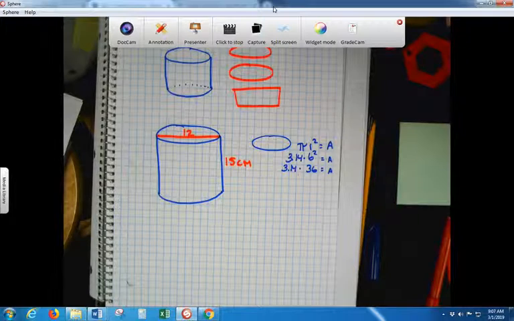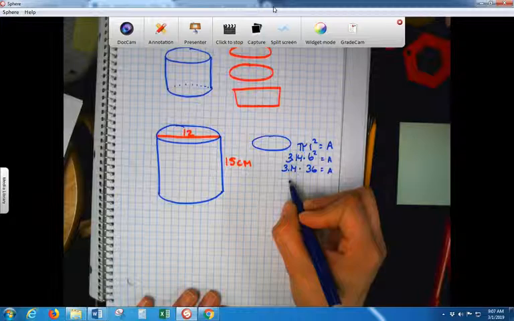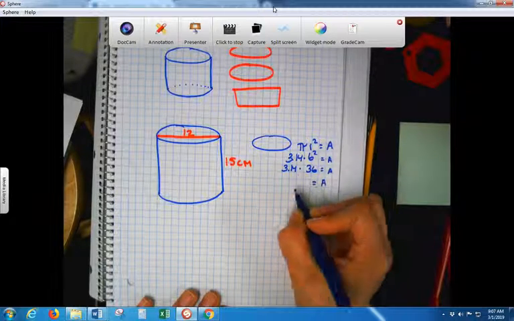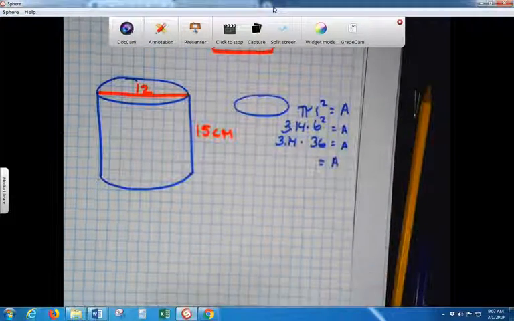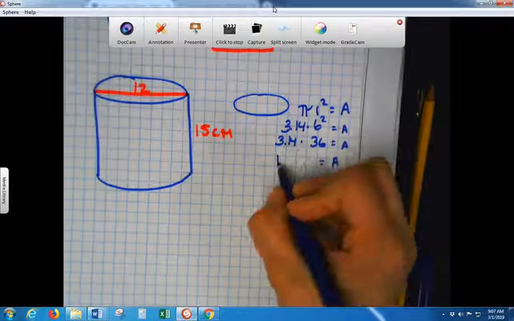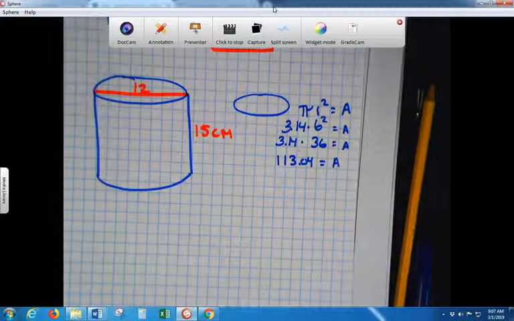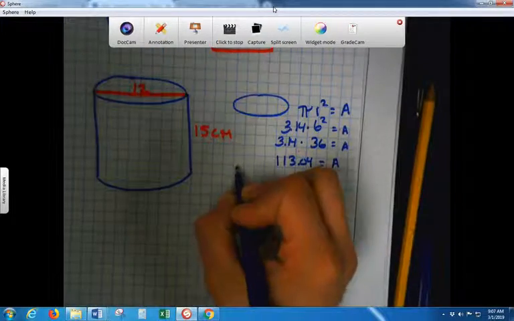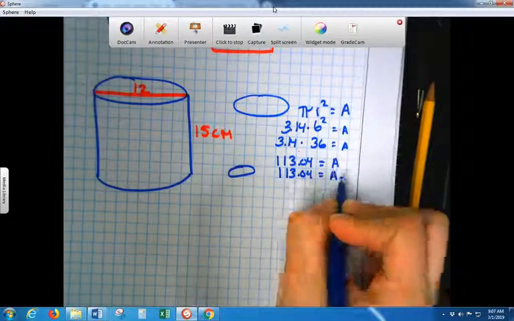What do we get? What's 3.14 times 36? Good. So that's the area of the circle. And this circle is equal to the bottom circle, right? So we can just add a second circle with the same area, right? Okay, so those are my two circles.